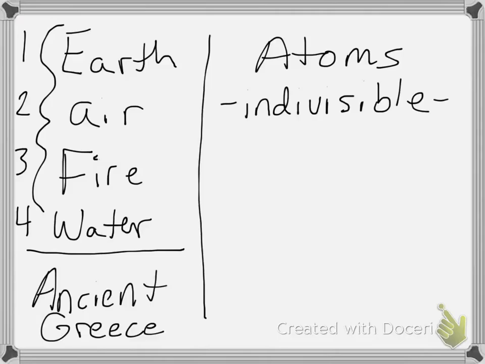And they reasoned that everything that existed could be made up of a combination of these four elements. But with just a little bit of thought, you can see why this might need some refining.